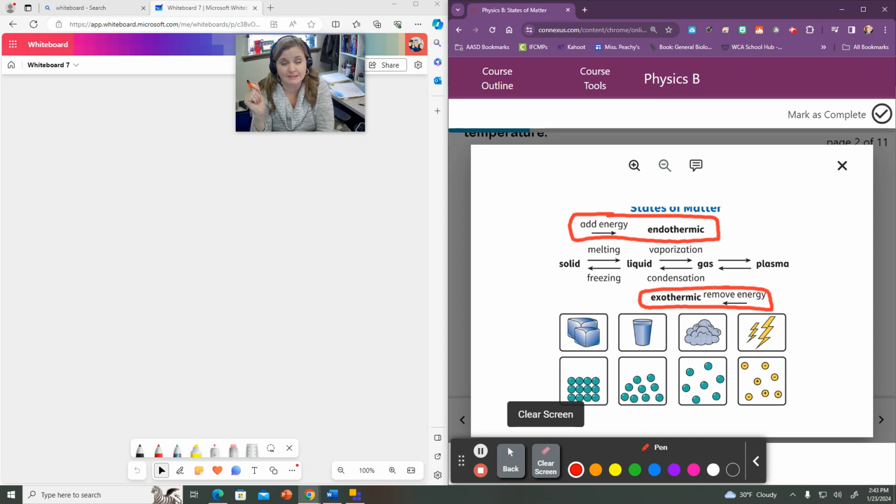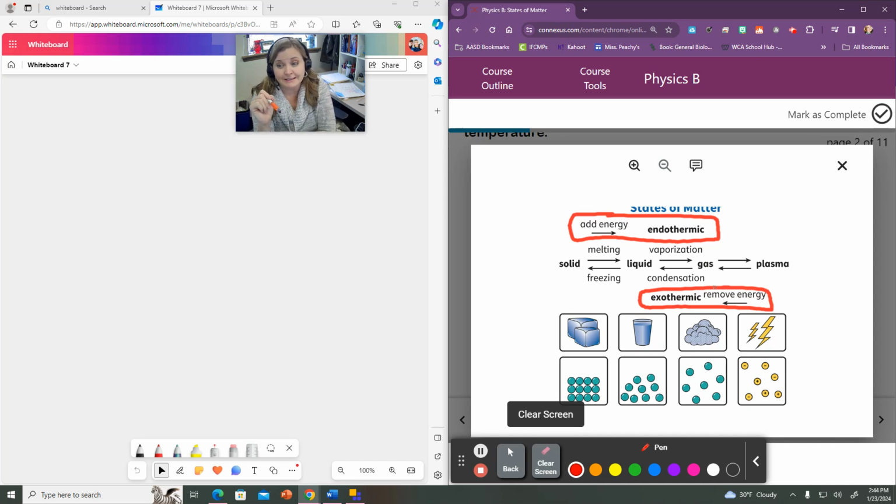The reason it feels hot is because the thermal energy is being removed from the substance and you are absorbing that thermal energy, so it feels hot to you. And endothermic is going to feel cold because, again, it needs energy. So it's going to take the energy from you and it's going to feel cold to you.